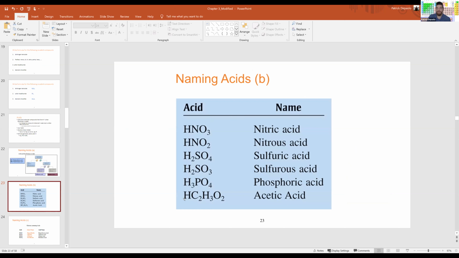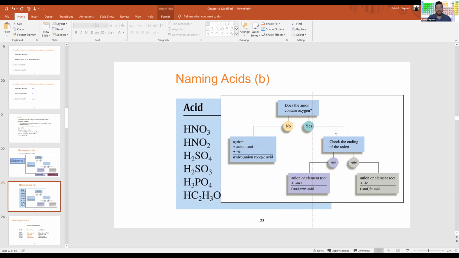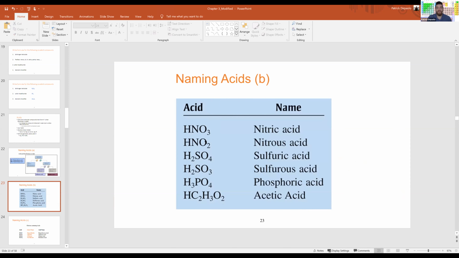They're all going to have a hydrogen in front and then some kind of anion component. So they're going to have nitrate, nitrite, sulfate, sulfite, phosphate here. This is acetate. So you can see how the nitrate becomes nitric acid. The nitrite, ITE, look at the schematic, ITE becomes OUS. So the nitrite becomes nitrous.